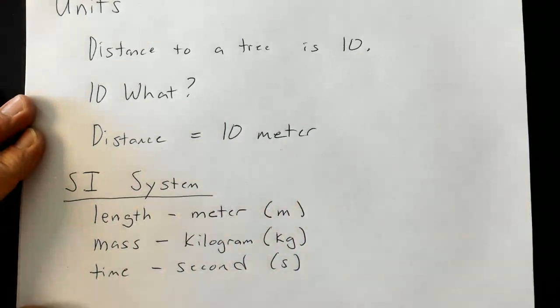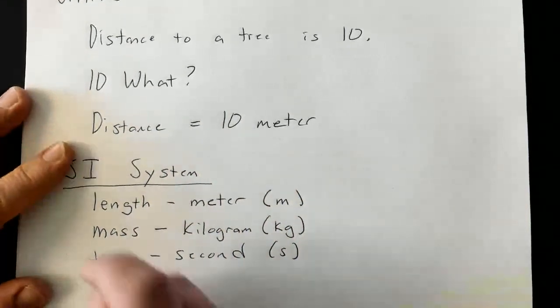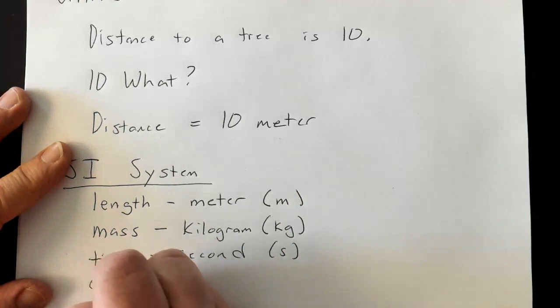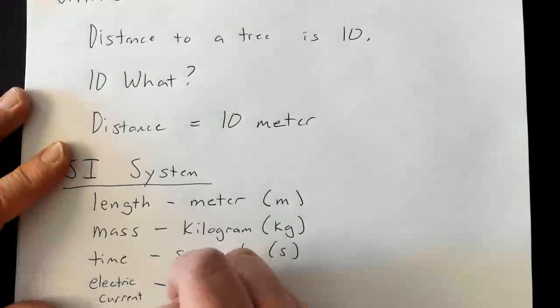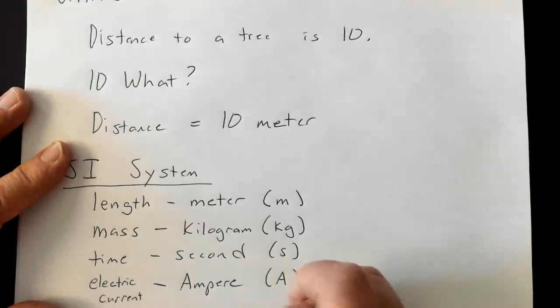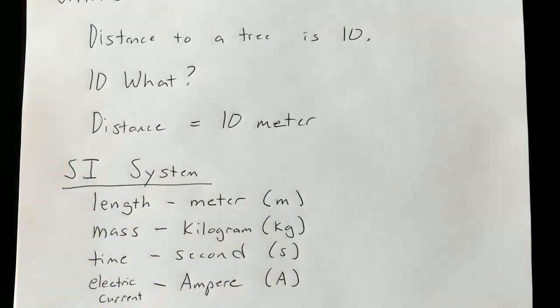Now, your book actually has an additional term, which is electric current. This is more of a physics 2 question, but it's an ampere, which is an A. There are some other units as well, like the Kelvin, which is a temperature unit, a candela, and I believe there's one additional one.